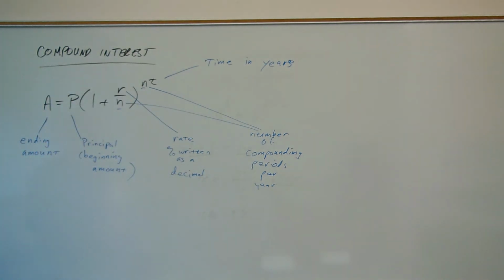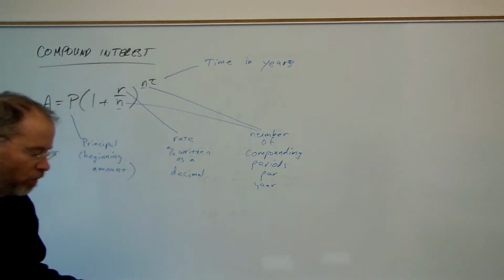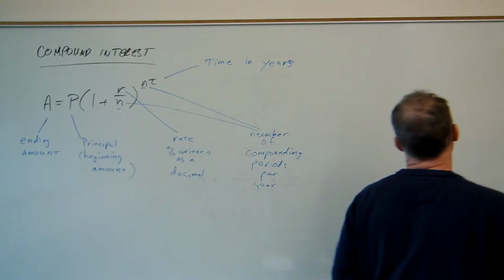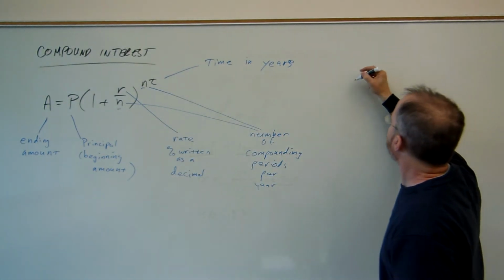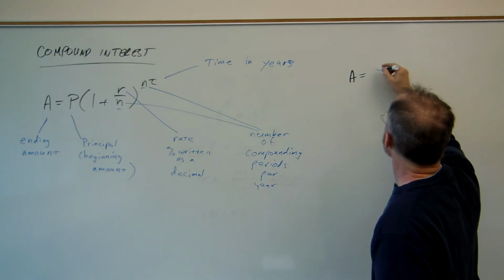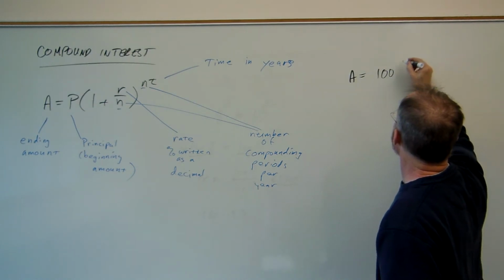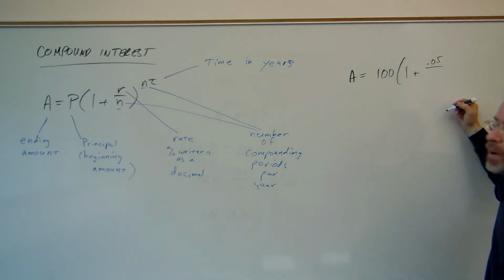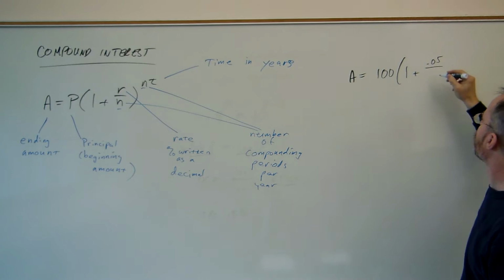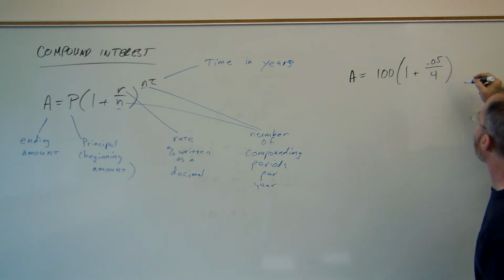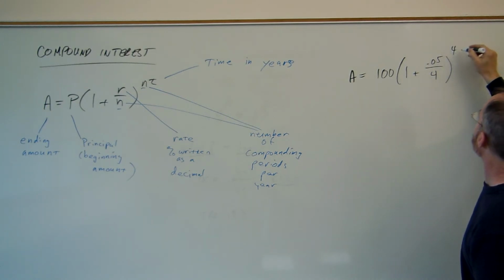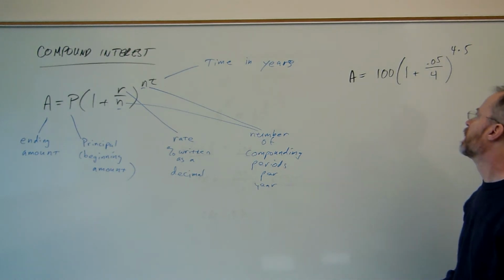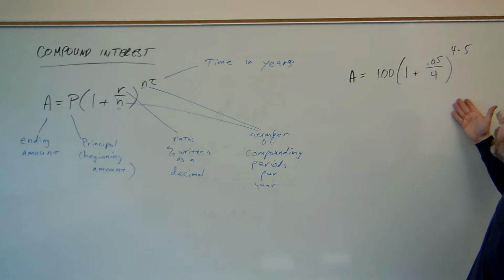Okay, so an example of that, if you wanted to figure out how much money you have at the end of 5 years when you invest $100 at 5% interest, and it's compounded quarterly, meaning 4 times every year, so n equals 4, and t is 5 years, you could plug all this in and crunch all this out.